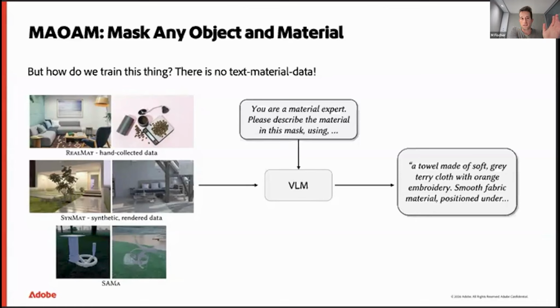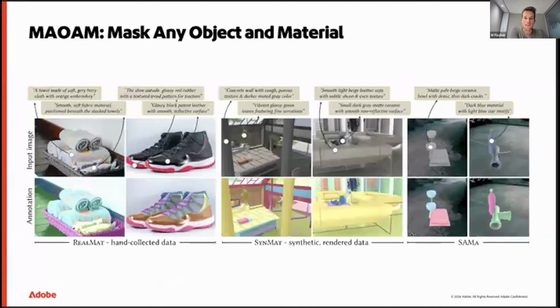Again, it's a lot more involved than this. You can read the paper to find out more. But in the interest of time, this is the high-level pitch, right? And if you set this up correctly, you actually can get really nice material descriptions with open source models. I'm not sure whether you can read it on this slide, but some of those are really detailed and super good for learning, basically.